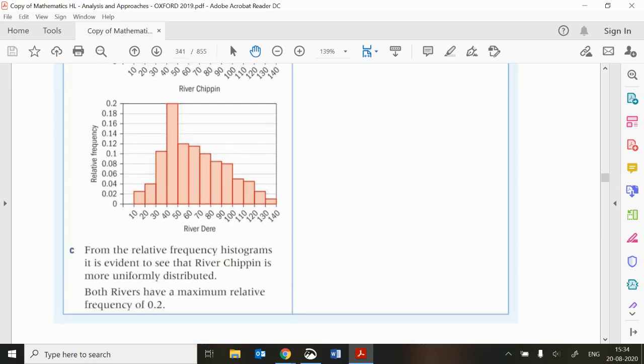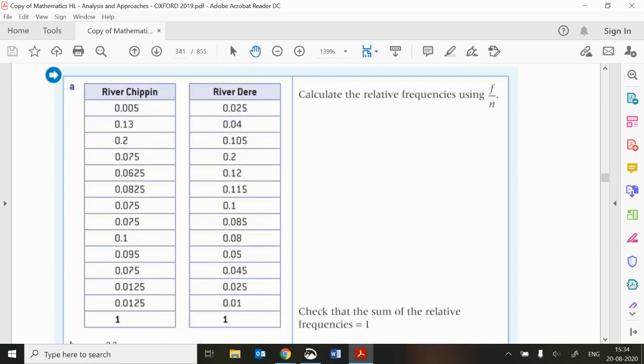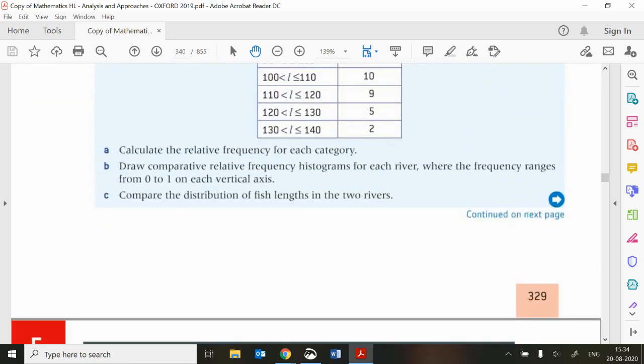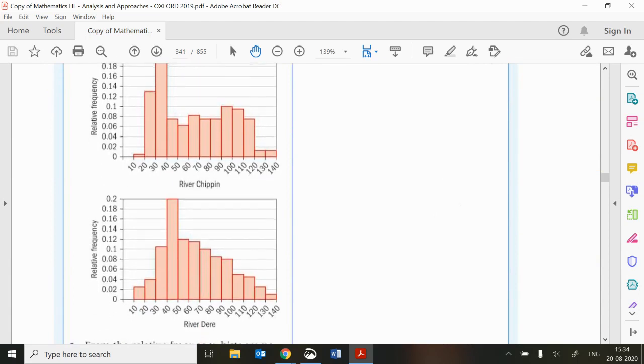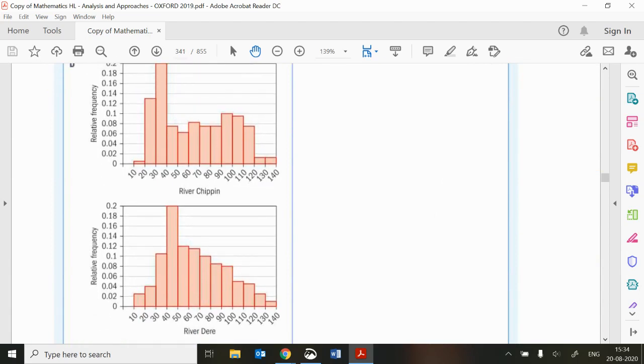Okay, and what does it want us to do? It says then compare the distribution of fish lengths in the two rivers. Well, it seems that perhaps in the River Dere they're more evenly distributed, and it would appear that in the River Chipping it's potentially bimodal.